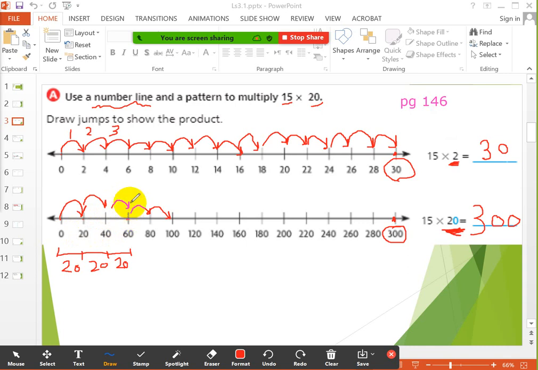Add 20 to 60, it will be 80. Add 20 to 80, it will be 100. So you have to repeat this 20. How many times? I have to repeat 15 times. After repeating this 15 times, I will stop on this point. If you want to find the answer, it will be 300. So this is the answer for this multiplication. Okay?